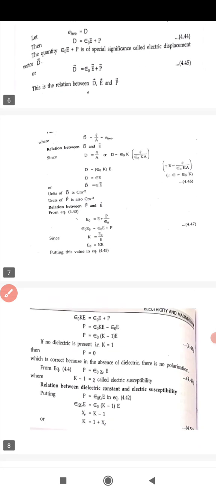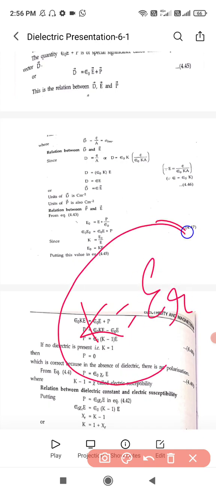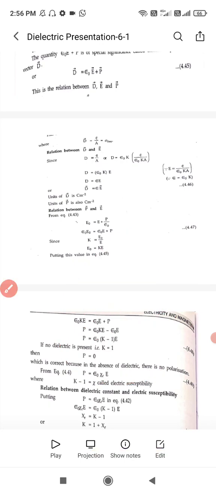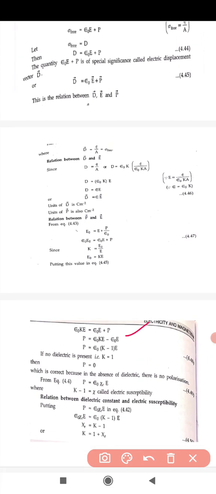Here K is the dielectric constant, or in some textbooks it is represented as epsilon R. When no dielectric is present, K is equal to 1. If K is equal to 1, then polarization is 0. If no material other than vacuum is used, K is equal to 1, and polarization will not occur, it will be 0.